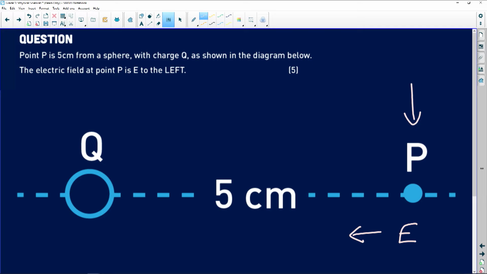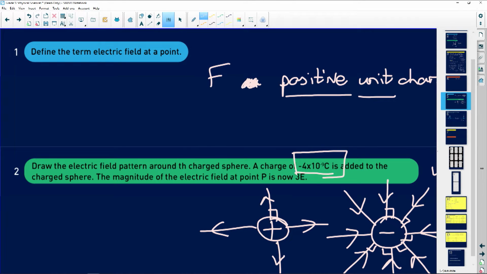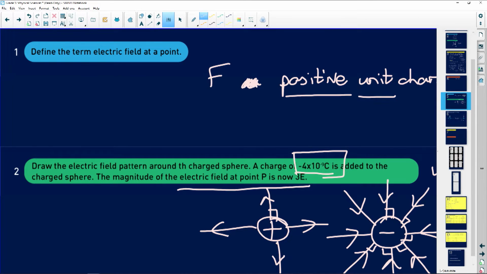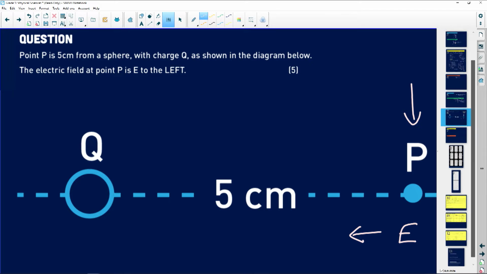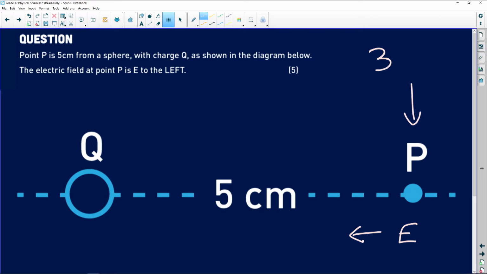But if we go back to the previous question quickly, they told us that the magnitude of the electric field at point P is 3E. So let us just carry that through. It was originally 3E, so let's extend the page here. They told us originally the electric field at P was 3E.